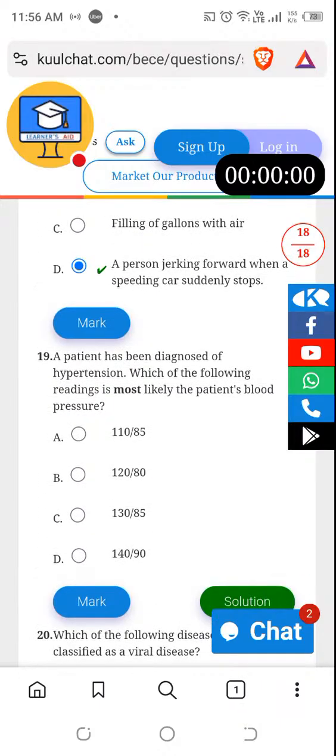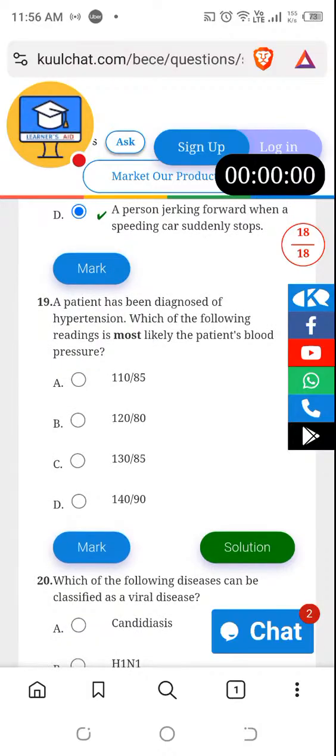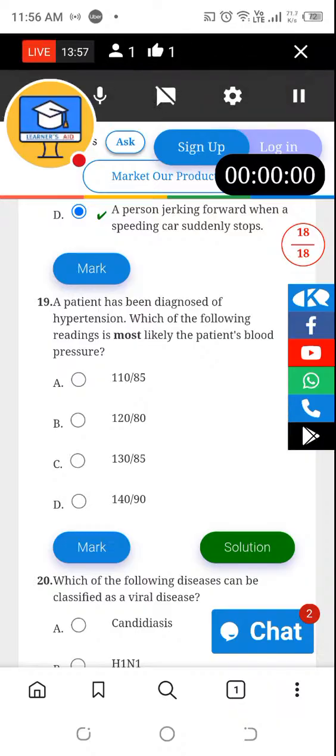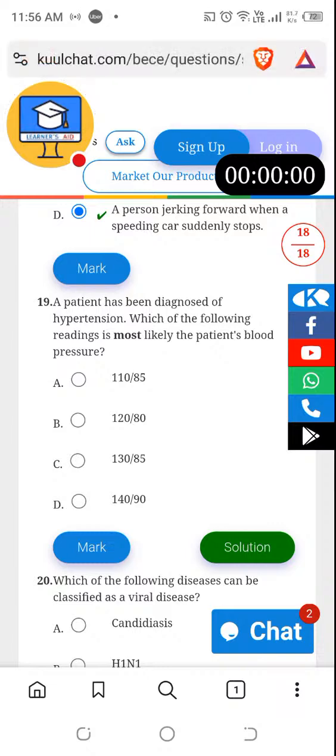A patient has been diagnosed with hypertension, that is high blood pressure. Which of the following readings is most likely the patient's blood pressure? 120 over 80 can't be it, because the normal range of blood pressure is within that range, like 120 or let's say 118 over 79.